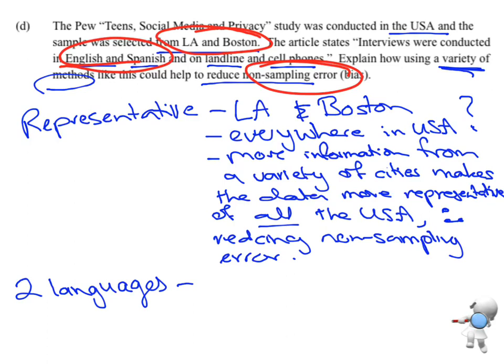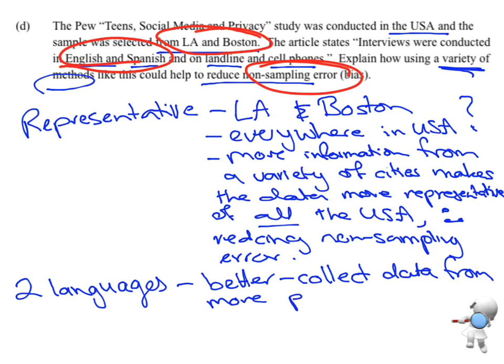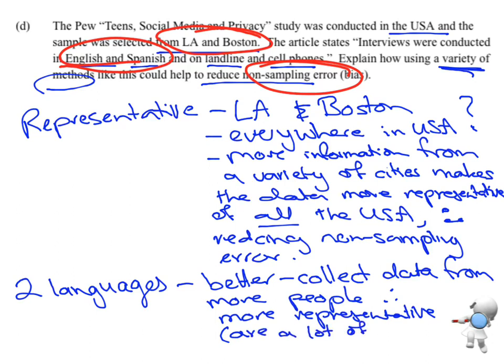And I would say that is better because you're going to collect data from more people. Therefore, more representative. Okay, and that's because there are a lot of Spanish-speaking people in the States. Okay, so that's two things that we've looked at.